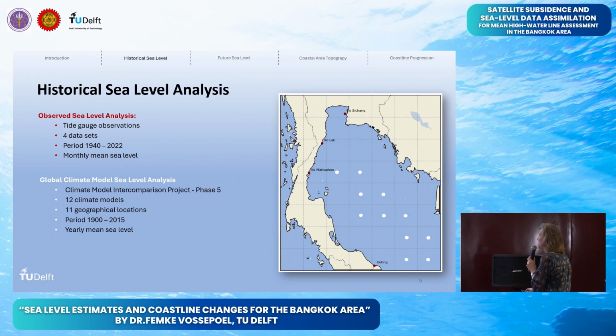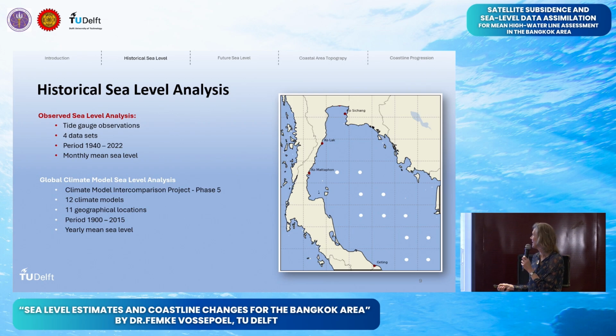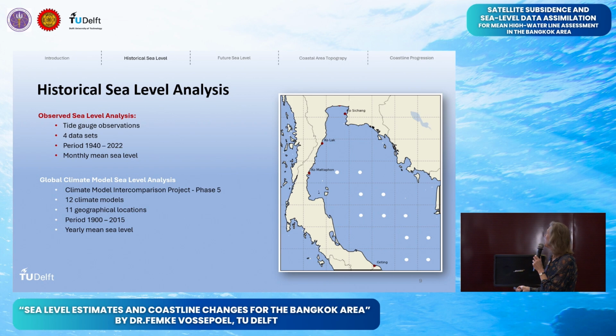The historical sea level analysis was done with tide gauge observations, and he selected 4 tide gauges, where the Ko Sichang tide gauge only had limited data. And the period he looked at was 1940 to 2022, so quite a long series where he had monthly data.